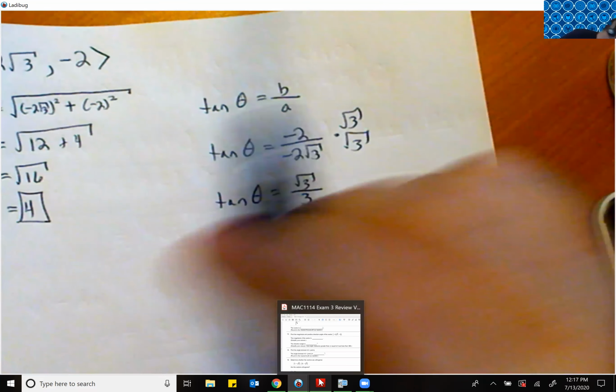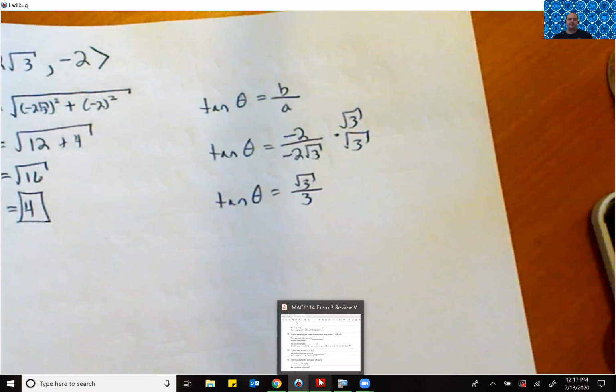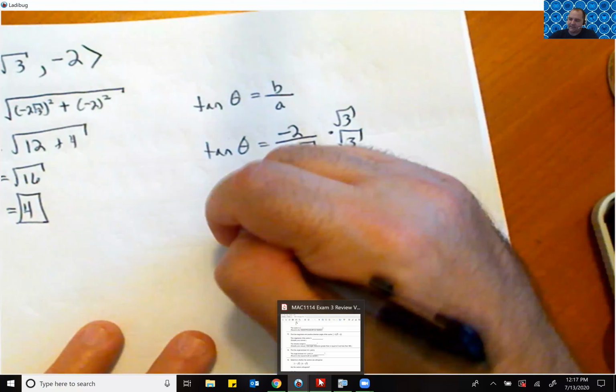I don't know if that's on our trig table or not. Actually, it is. So we want tangent to be a positive square root of 3 over 3. Well, that happens in 2 places. Okay?